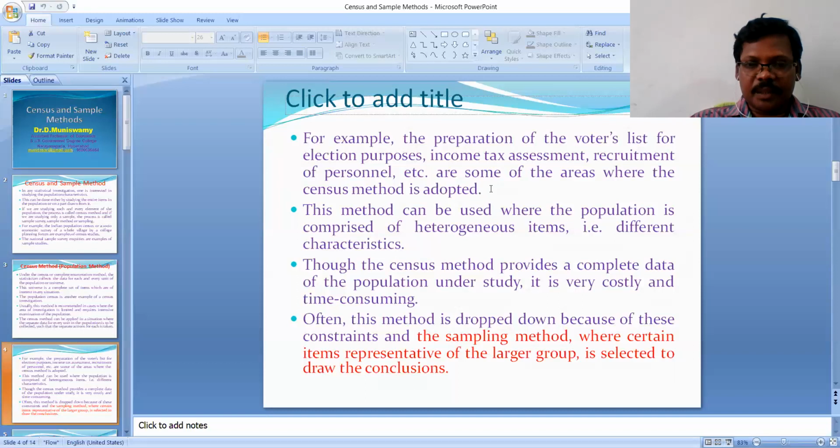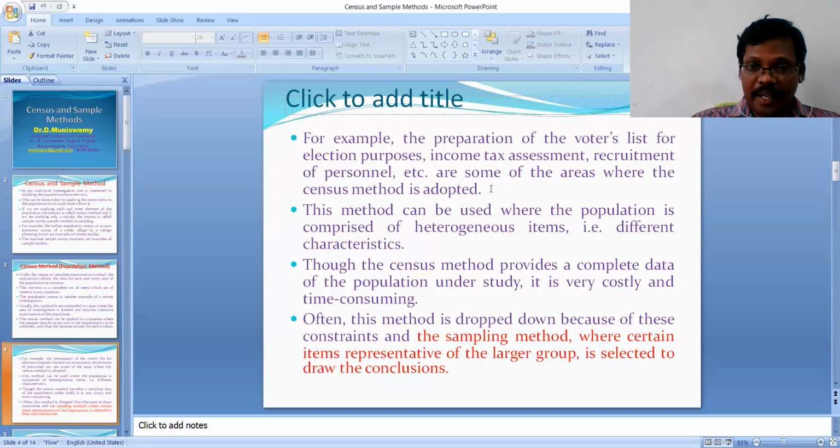Often this method is dropped because of these constraints: the time, the expense, and the energy loss. So we eliminate this method. Most of the time the researcher, the investigator, is not using the population method. Generally the investigator goes for the sampling method only.